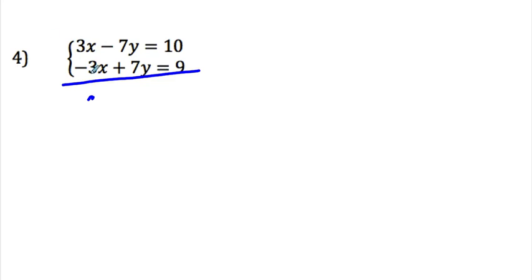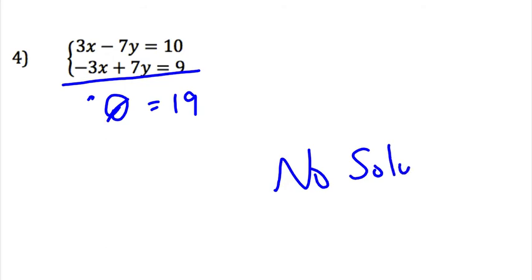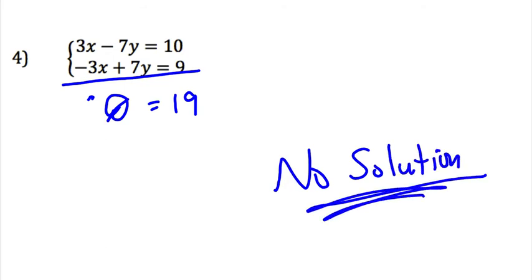I have 3x minus 3x, which is 0, -7y plus 7y, which is 0, so my entire left-hand side is 0. And then the right-hand side is 19. Well, that's false. 0 is not equal to 19, right? So what happens when we have a false statement? No solution. Remember, if it's false, that means no solution. If it's true, it's infinitely many solutions, and we write IMS.